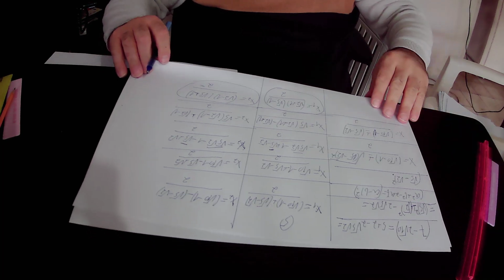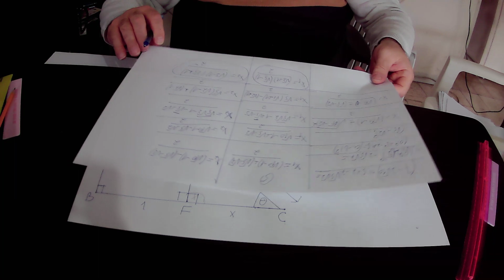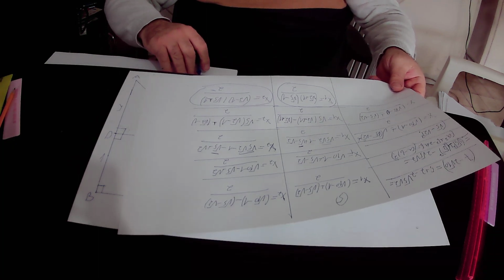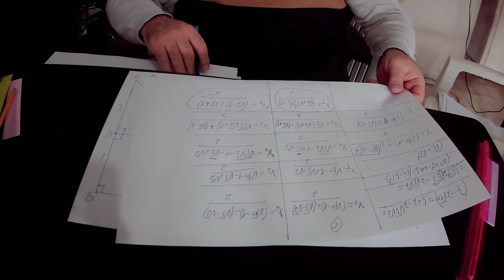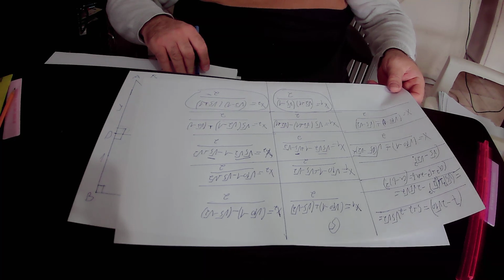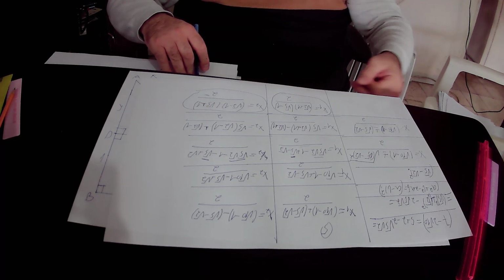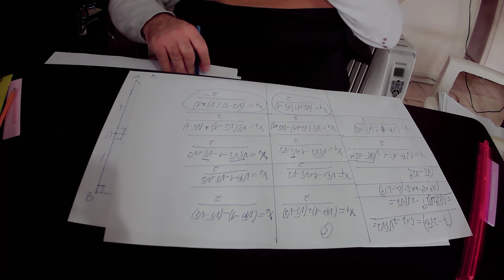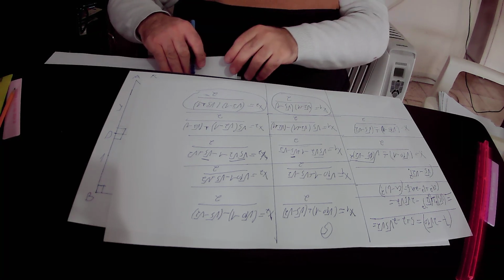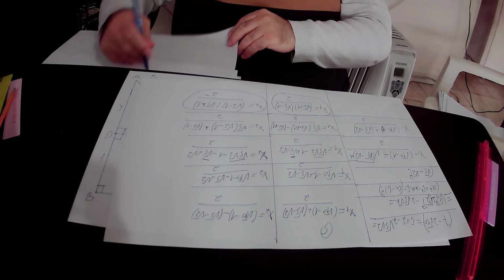Okay, so we have here two solutions that are possible for the quadratic equation, x1 and x2. In the next step, we will multiply x1 by x2.